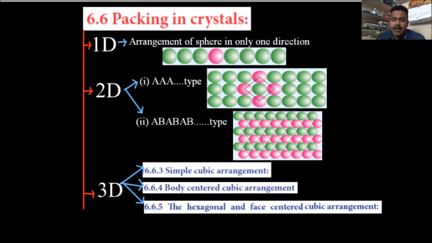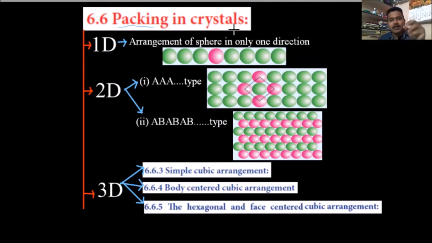Let's see packing in crystals. In the last video, we discussed one dimensional packing and two dimensional packing. First of all, packing in crystals: packing means how tightly atoms are arranged in the crystal.